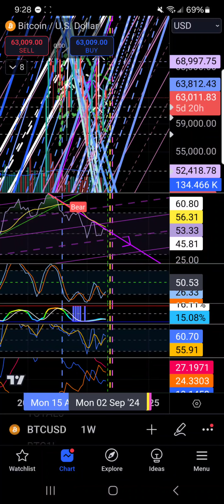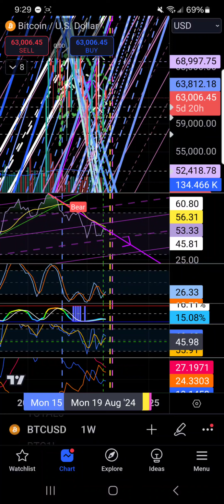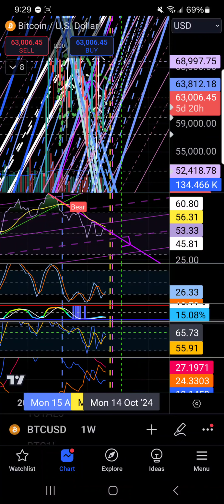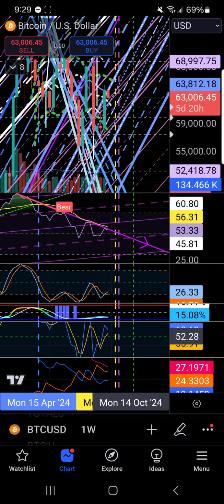We will have to wait to the end of the week to find out, won't we? Stochastic is up above the 50% level. It's pointed downward now on the weekly. That other thing at the bottom is kind of weird.